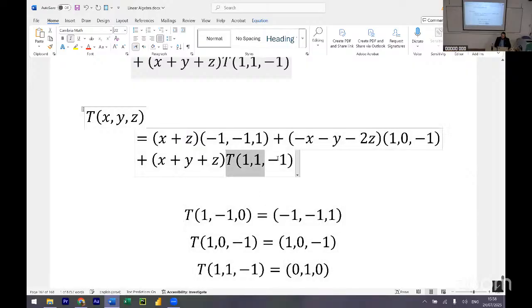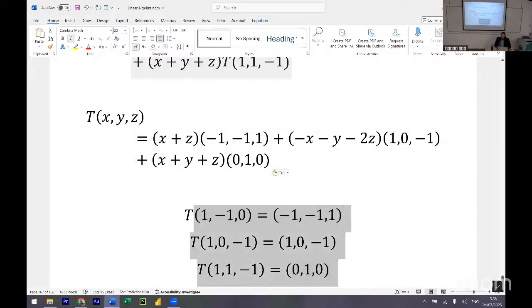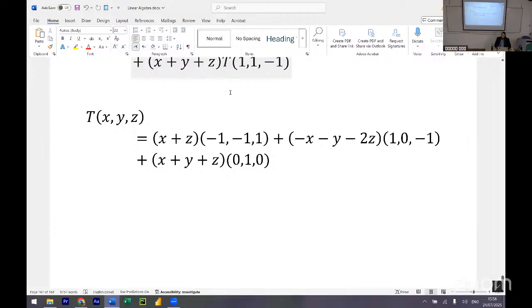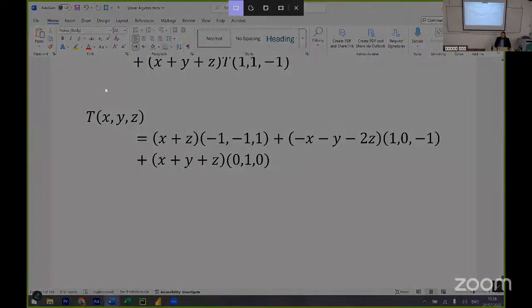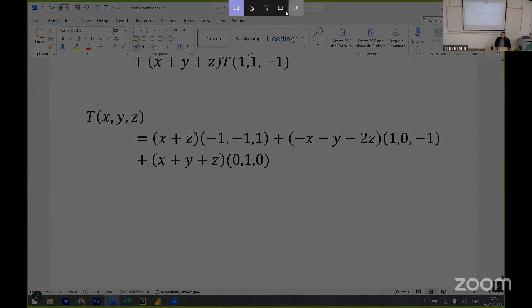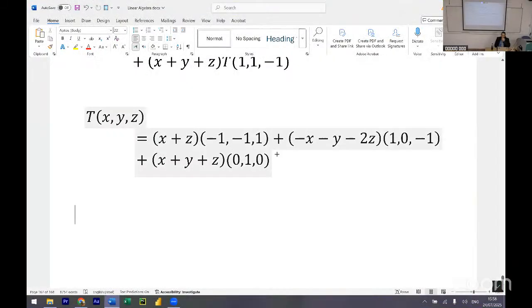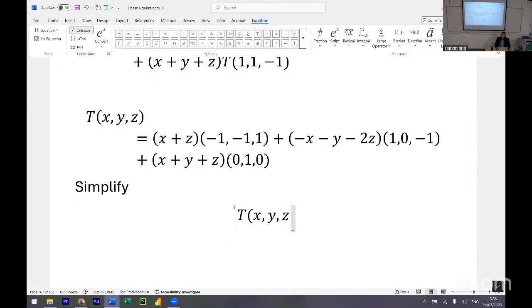And now let's use the GPT again. First of all, I will ask for it. No, that I will do myself. Let's simplify it. What is T of x, y, and z? So x plus z minus 1, so it's minus x minus z plus this.